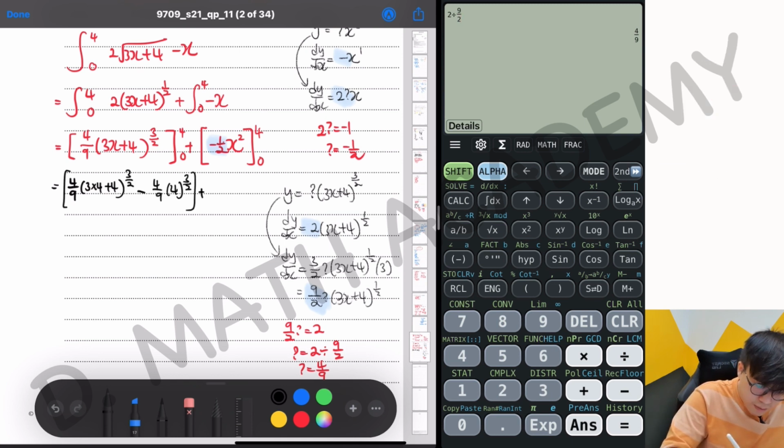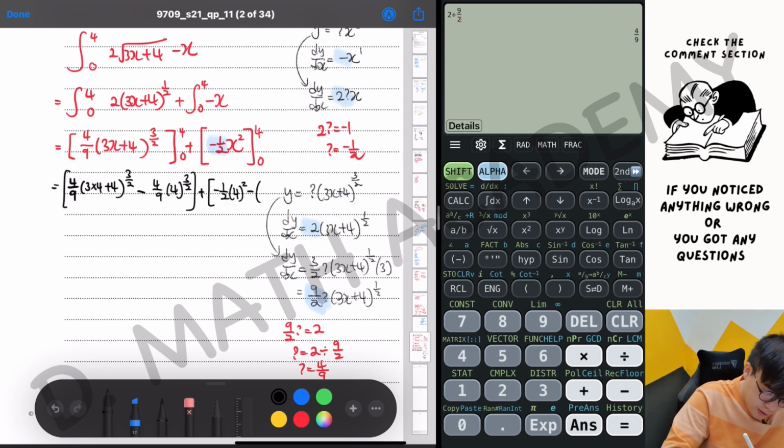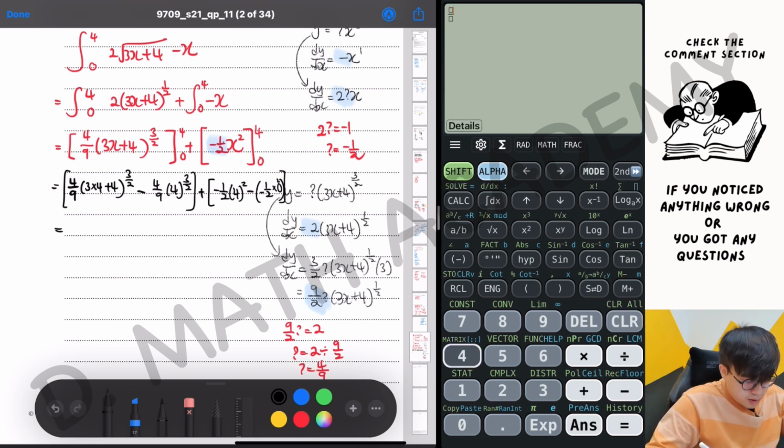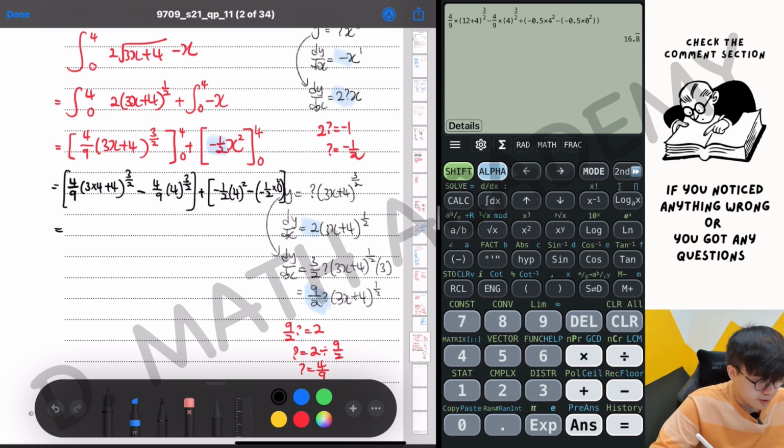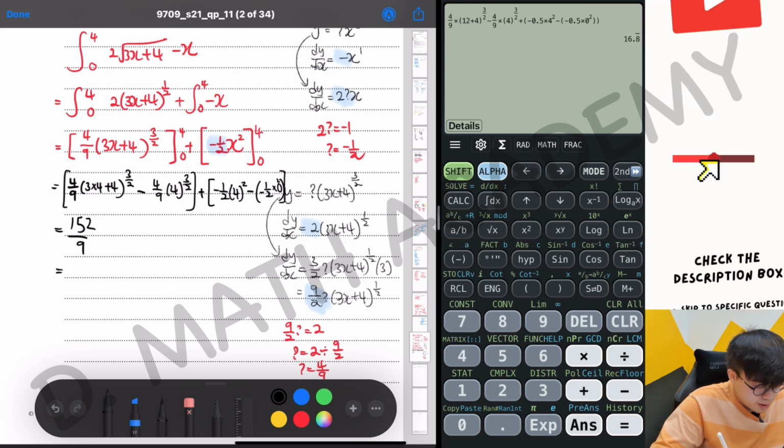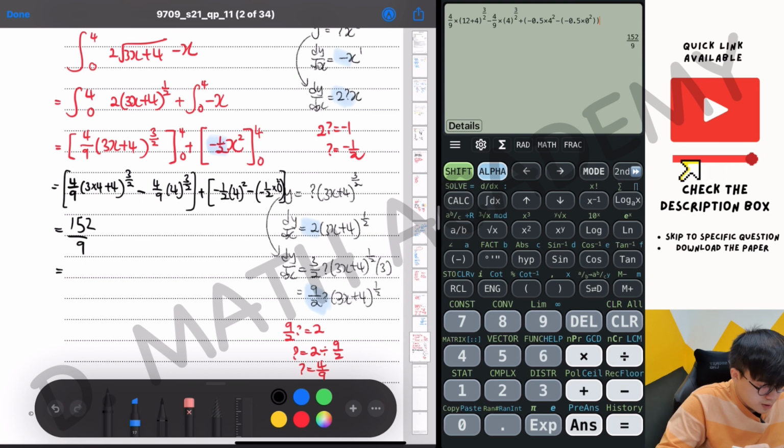Okay, adding up with the same thing. Okay, so from this, you will get to your final answer. So your final answer of this would actually be 152/9, or it will be 16, minus 16.